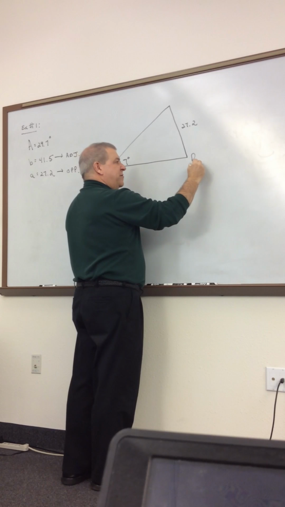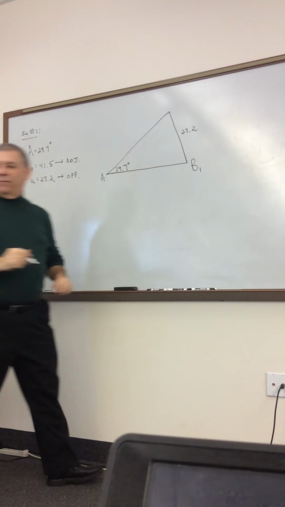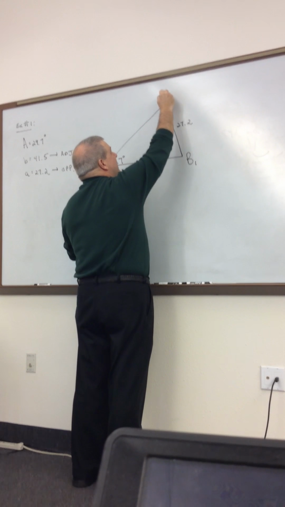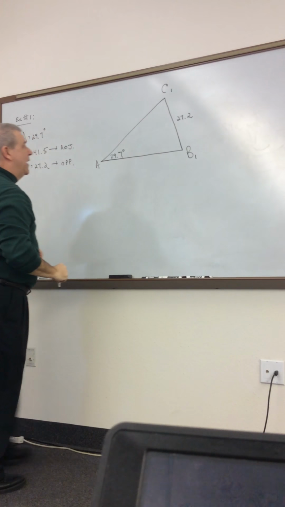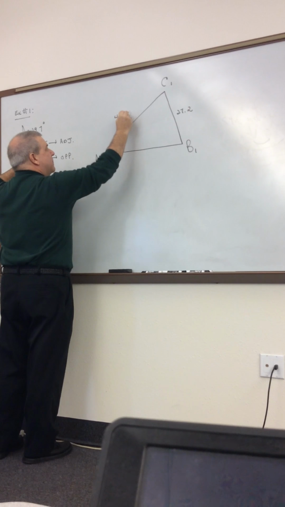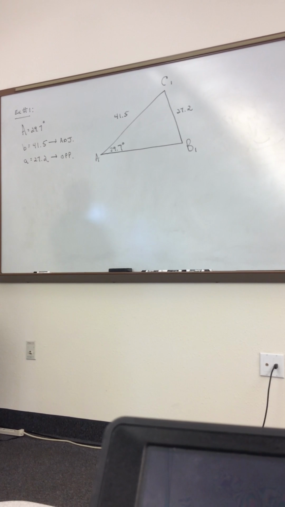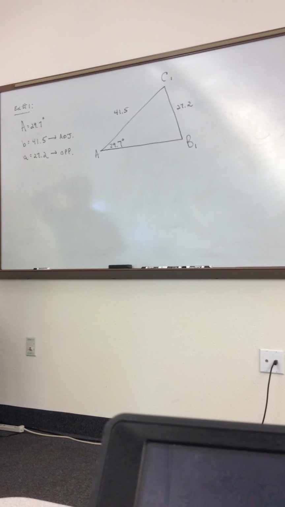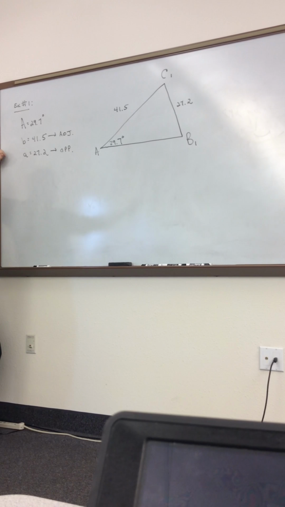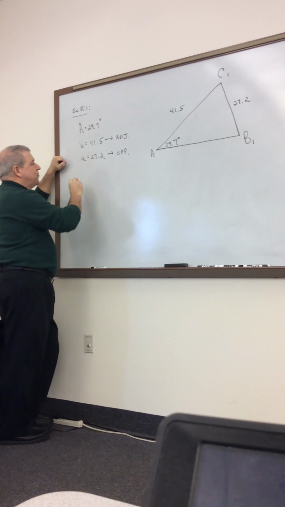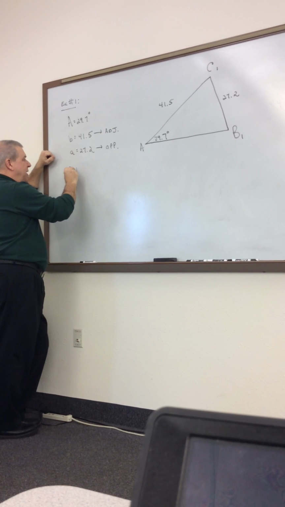Now, we're going to call this B sub 1. Remember how I was doing this yesterday when I was drawing this? We're going to call this C sub 1. So side B is 41.5. So there's your figure. On a quiz, and you'll get this Friday, it'll be on the quiz, you would have to find B sub 1.